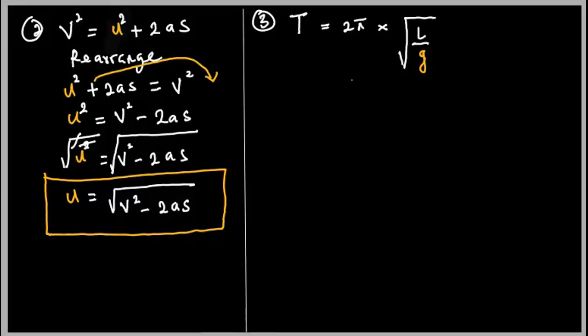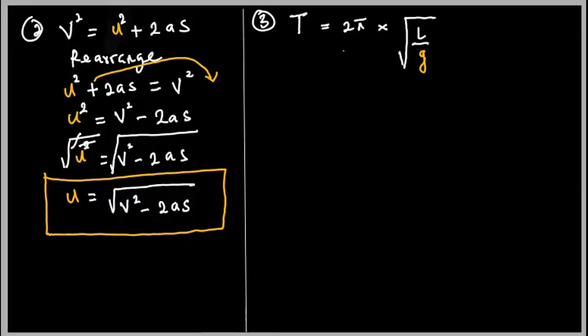Now, the first thing to do here is we have to make G the subject, but G is under a square root sign. So what do we do? Before I proceed, I need to take 2 pi out.